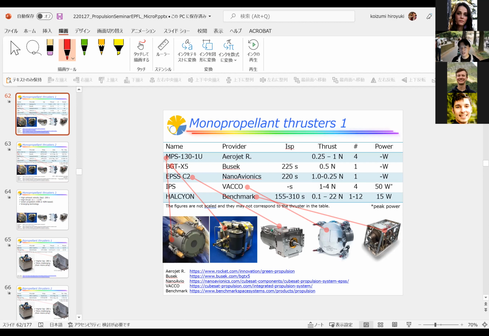Even ESA, NASA, or JAXA prefer easy handling propellant. Actually, to handle toxic propellant, we need a very costly facility and a lot of time. By using green propellant, we can reduce the cost and the time to handle toxic propellant. So I think this green propellant trend will go further in the near future.